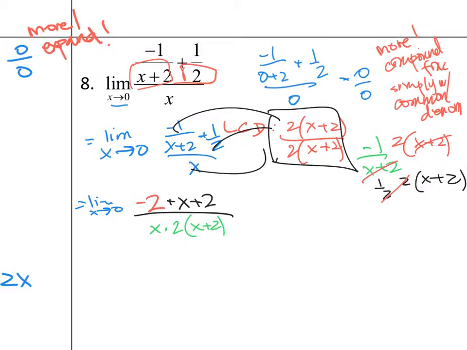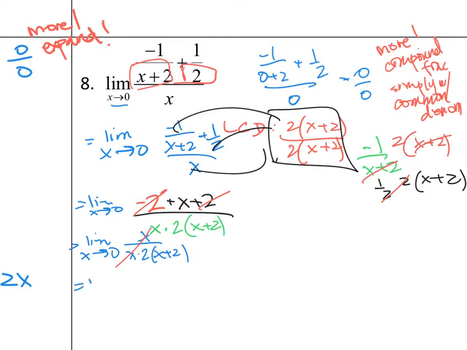Now, what simplifying can we do here? Those 2's go to 0. We are left with, oh, here's something else. And we can go ahead and show you in this step. Let me show you the next step, just so it's clear. So we have x over x times 2, x plus 2. The x's go to 1.